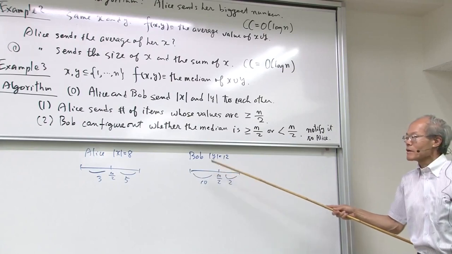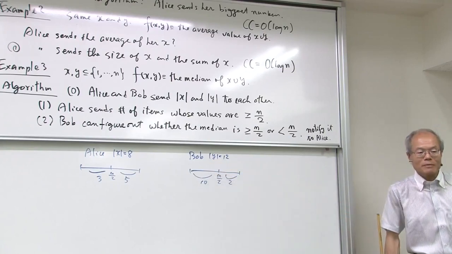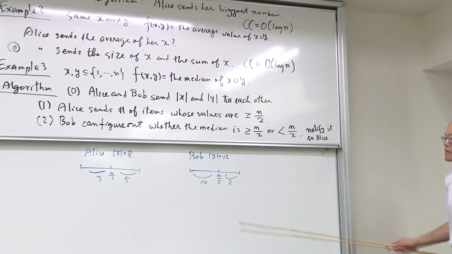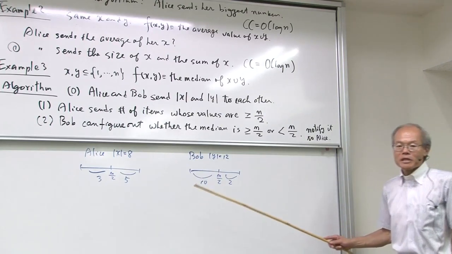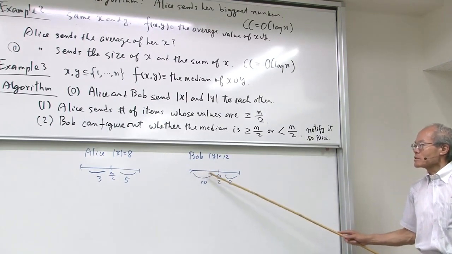Because we have 20 numbers in total, and the first side has 13 numbers. So obviously, the median should be there. That means Bob can figure out the median should be in this side.